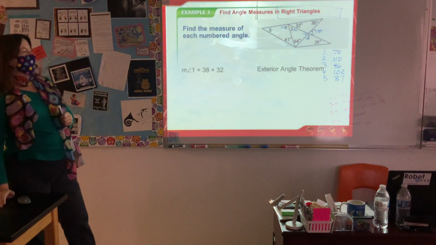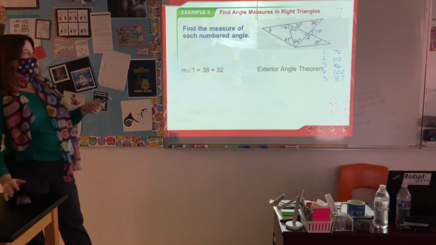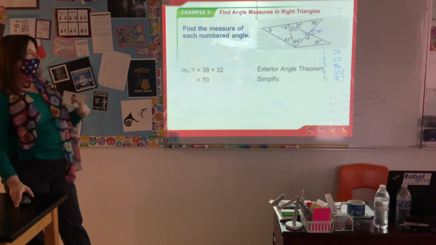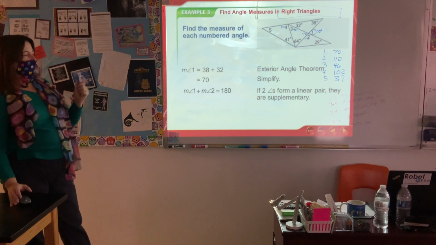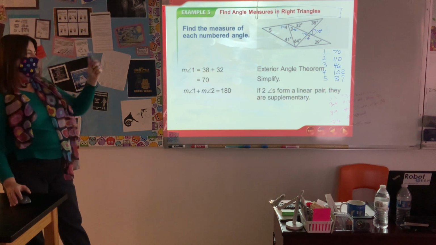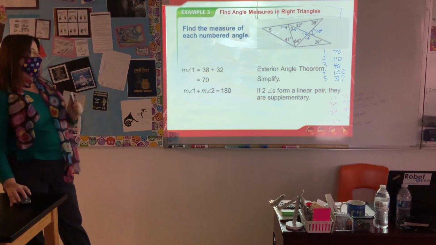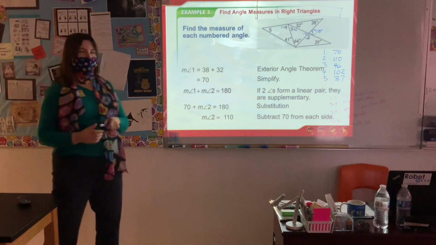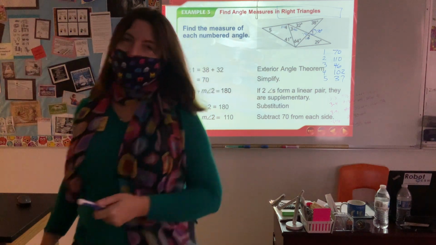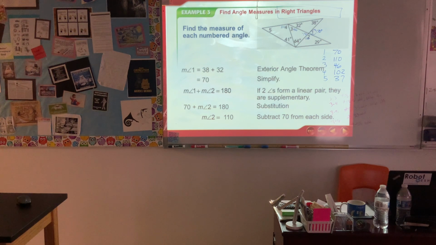Hopefully not. That's usually not the case. So they use the exterior angle theorem. Figure out angle 1 is 70. Check. The two angles form a linear pair, so they're supplementary. As a result, angle 2, 110. Check. We'll pick up again on this tomorrow, and you'll have this homework due tomorrow night.